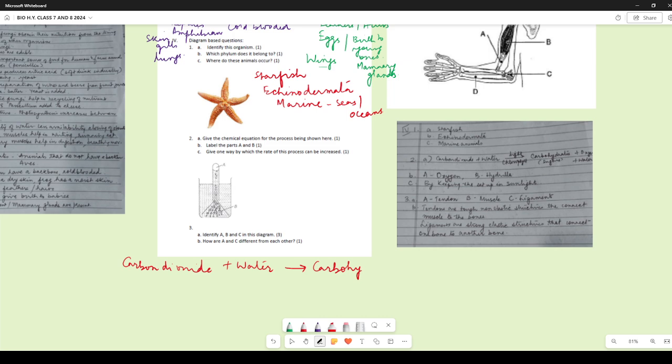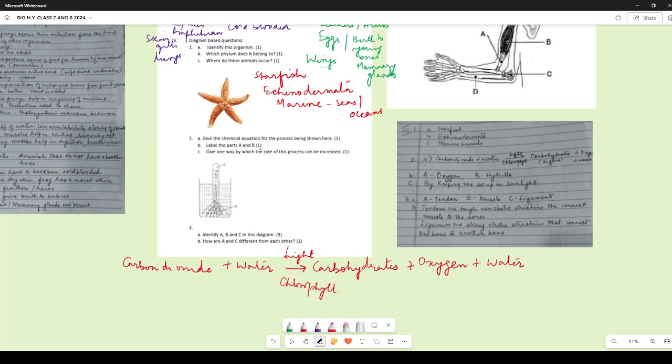That is the equation given in your book. Carbohydrates plus oxygen plus water, and of course over here it must be in the presence of light and chlorophyll. So this should be the correct equation.